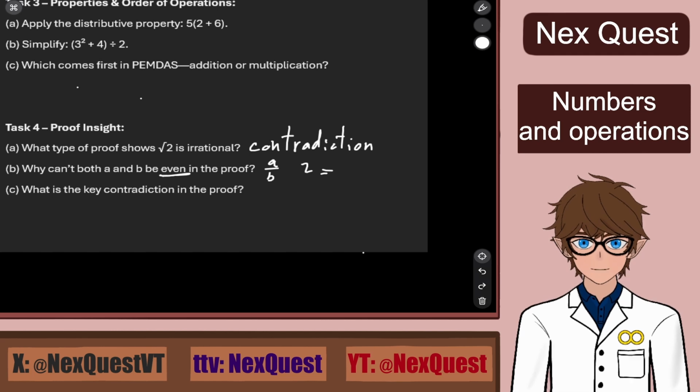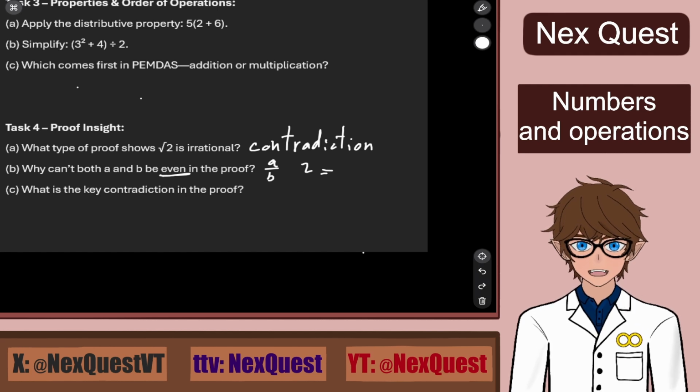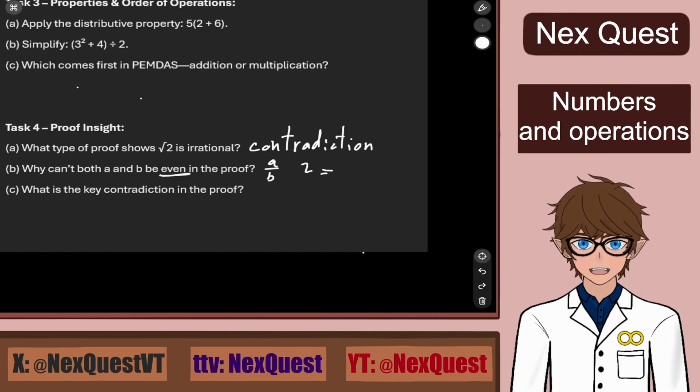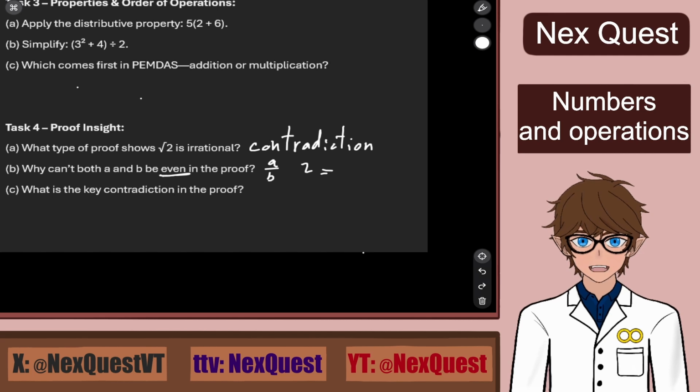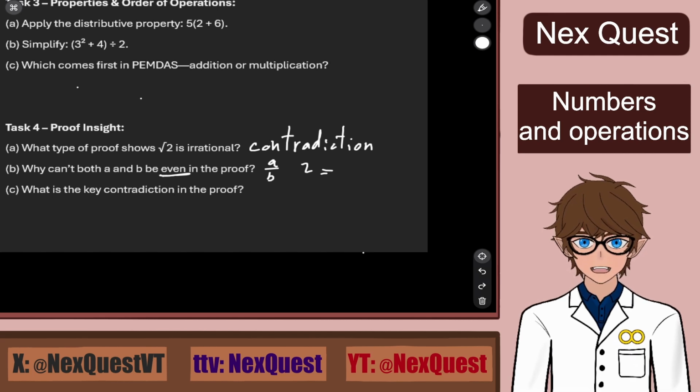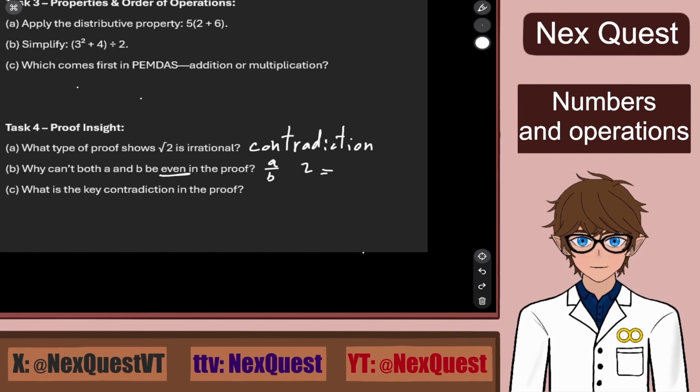So both of them came out as even, which is a problem because they would both have to be divisible by 2 after we assume they're only divisible by 1. And that contradiction is what made the proof stand, what made us know that square root of 2 is irrational, and we can use the same thing, as we did, for square root of 5.